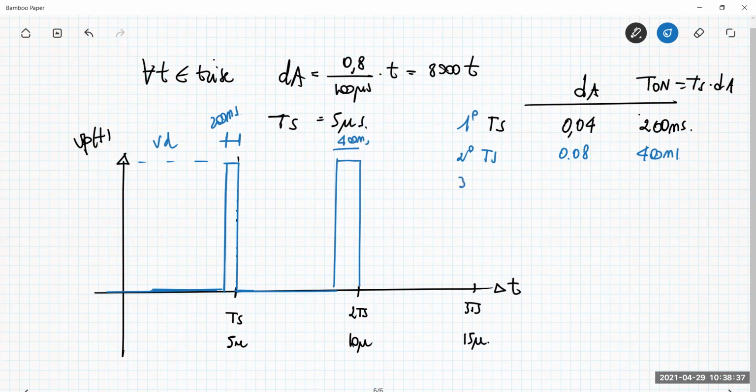In the third TS interval, we have 0.12 as a duty cycle, and we have 600 nanoseconds.